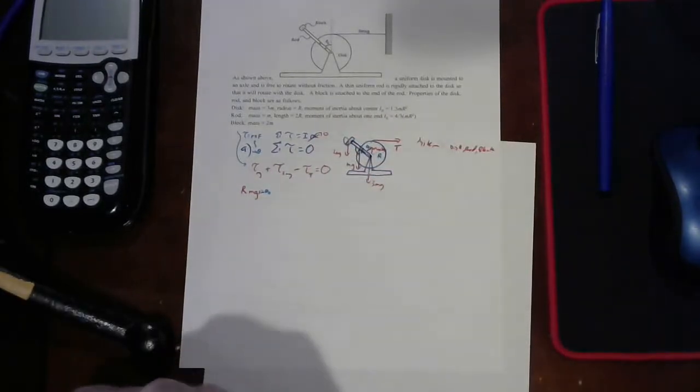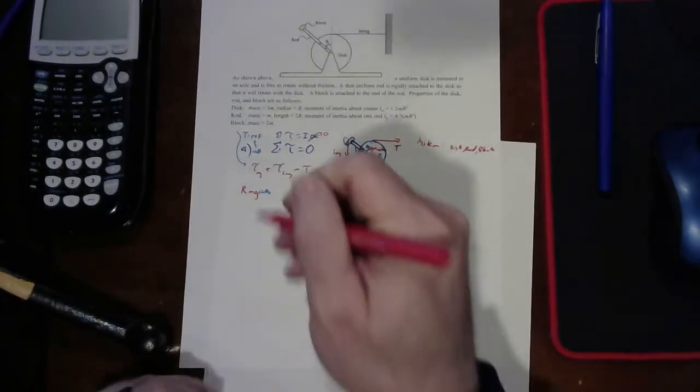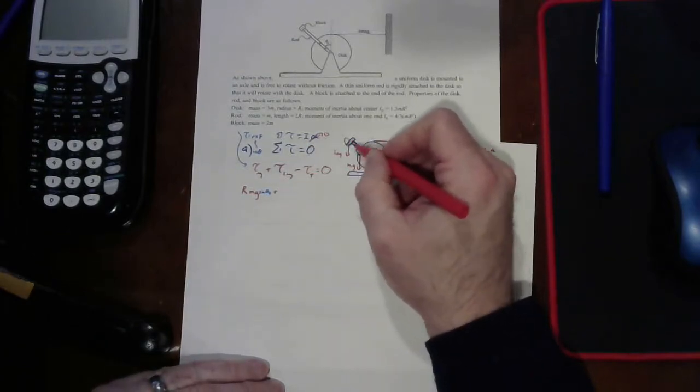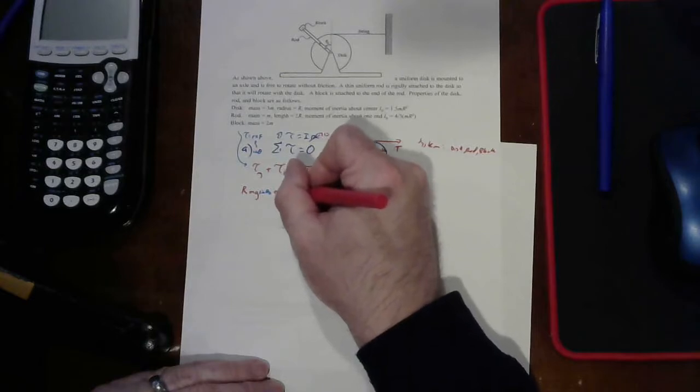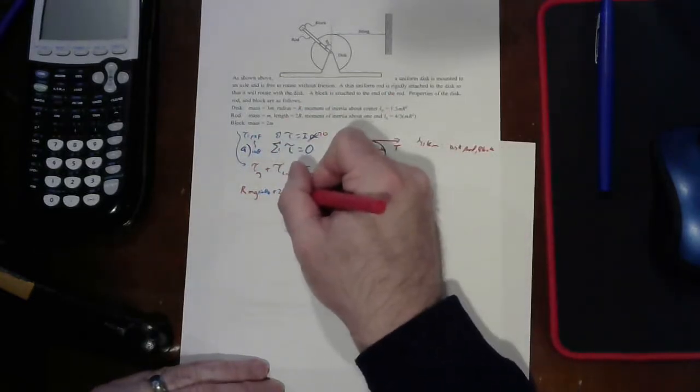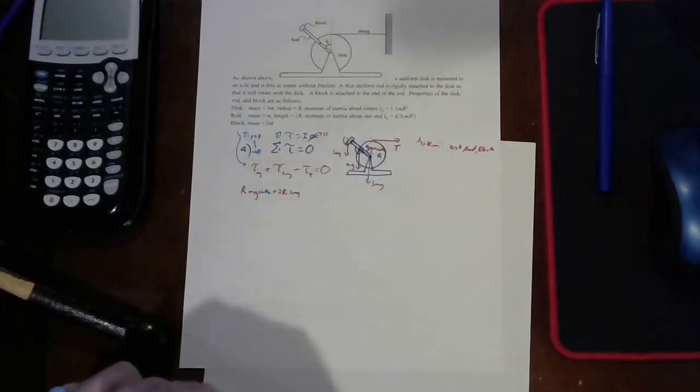All right, same thing is going to happen with this other torque. That'll be 2mg, that's at a distance 2r out. That's my r. And then the force is 2mg. And I'll have another sine theta naught.